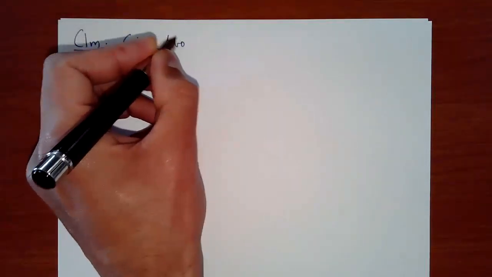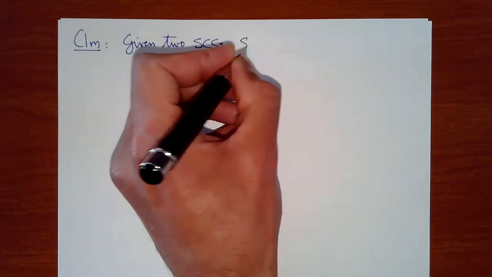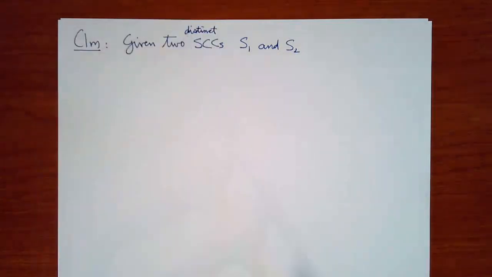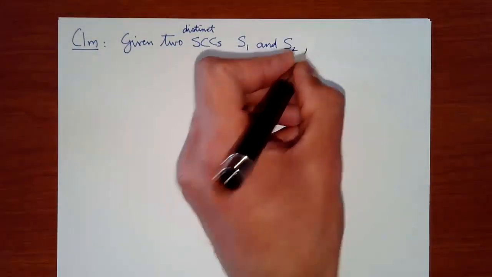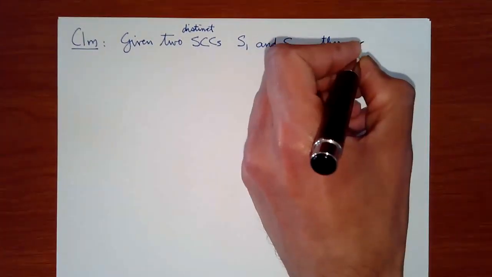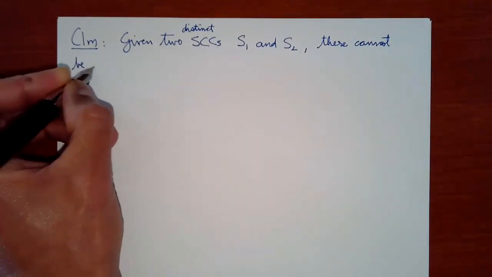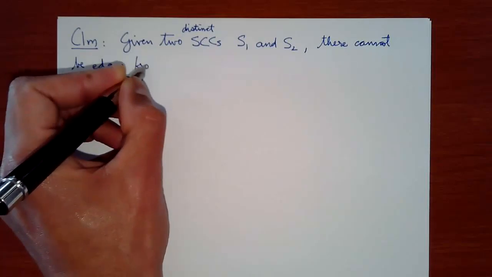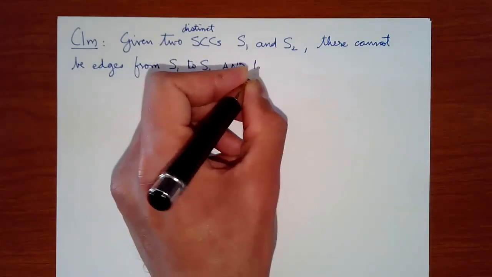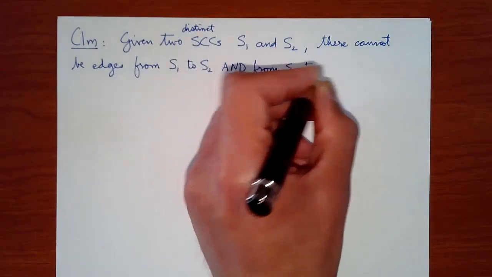The first claim is that, given two distinct strongly connected components, S1 and S2, there cannot be edges from S1 to S2 and from S2 to S1.